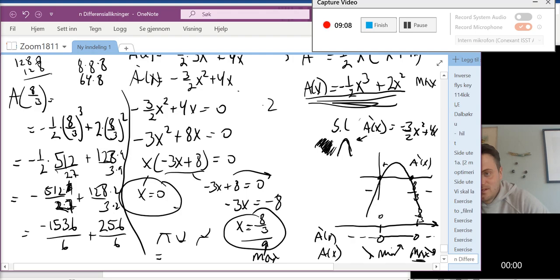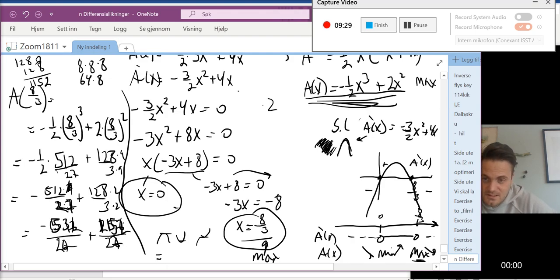Minus 1, 2, 5, 1152, I think here. This is minus 512 plus 1152, and this divided by 27.